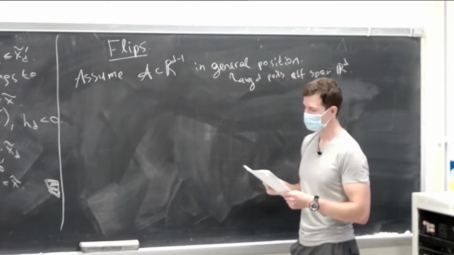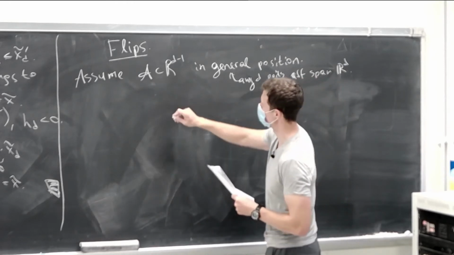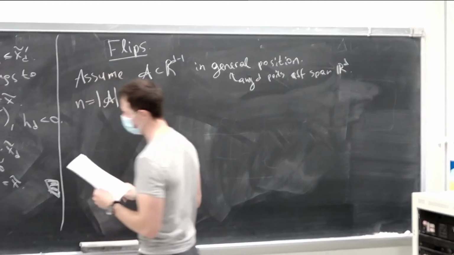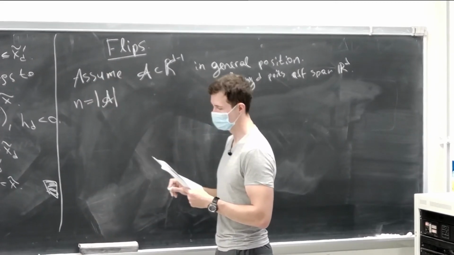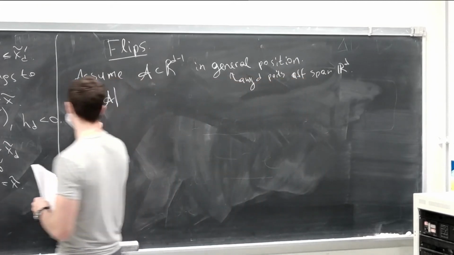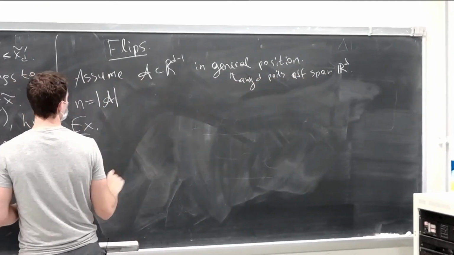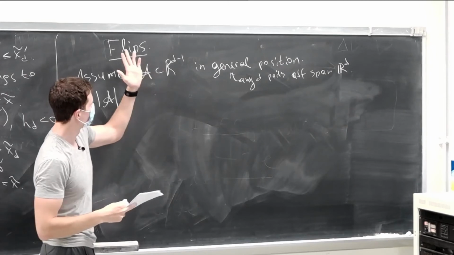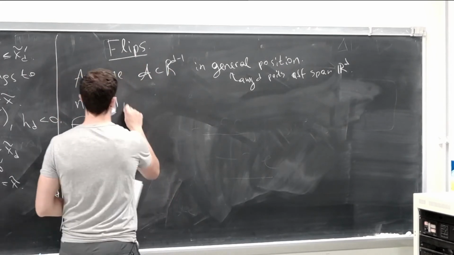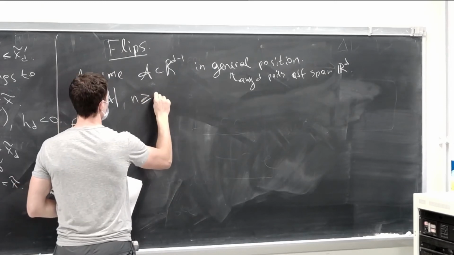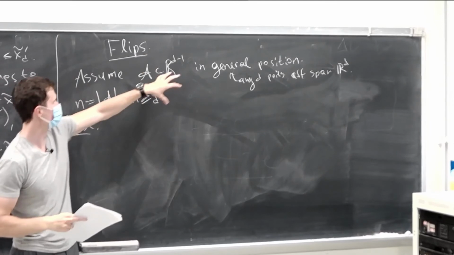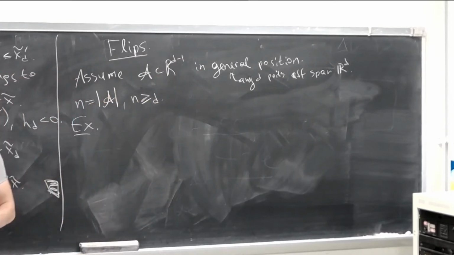So let's say I have n points, where n is just the number of points. And I want to consider some special cases. Let's assume that n is greater or equal to d, because I want the whole of A to span the whole of R^(d-1).